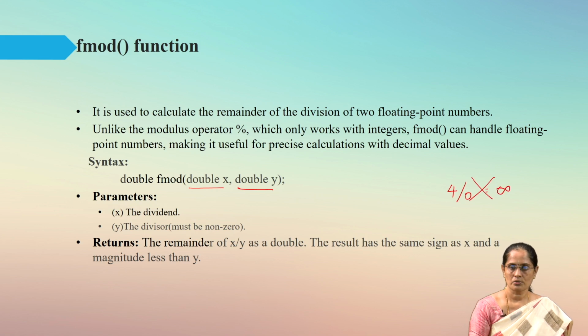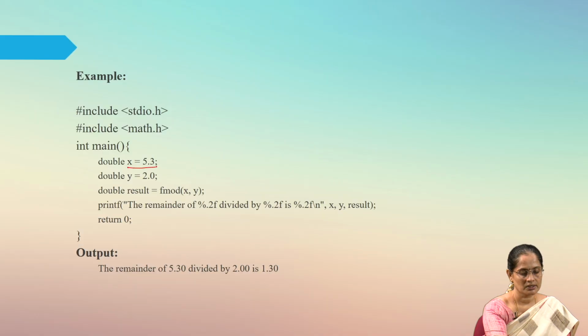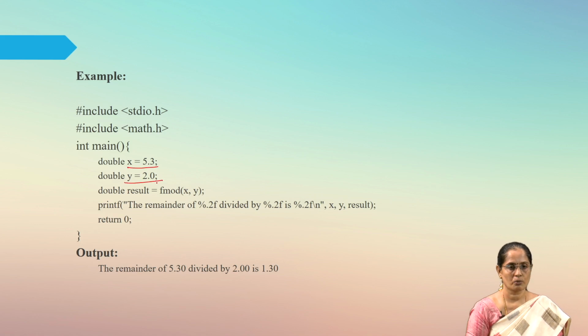So, the divisor should always be a non-zero value. In this program we can see that the x value is assigned the value 5.3, and the y value is assigned the value 2.0.